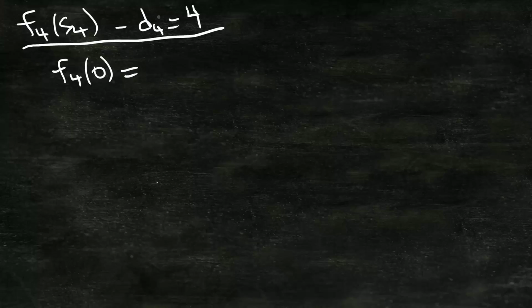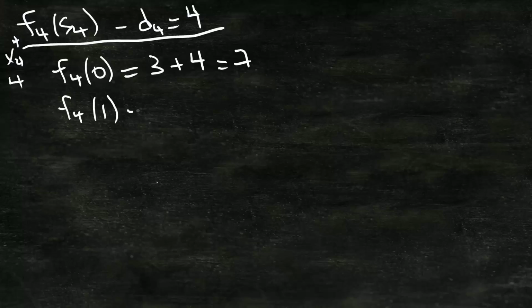So the cumulative cost would be then 3 for the setup, 4 for the production, and that would be 7. And we'll write here the X4 star will be to produce 4 units. And if we have 1 unit in inventory, we'll have 3 plus another 3.